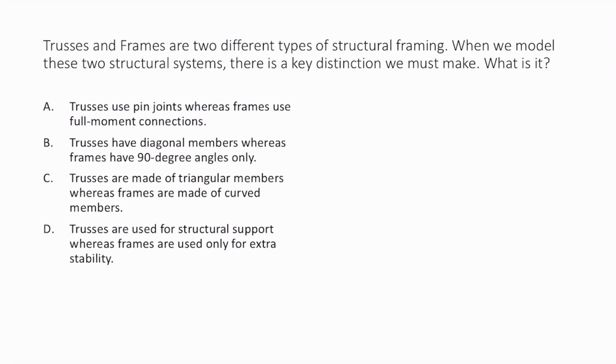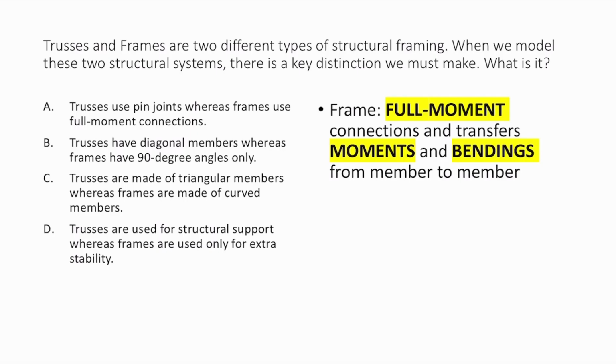Now let's look at the second problem. Trusses and frames are two different types of structural framing. When we model these two structural systems, there is a key distinction we must make. What is it? Recall what we learned about trusses and frames. The frame will be full moment connections and transfer moments and bendings. The first one says frames use full moment connections, which is correct.